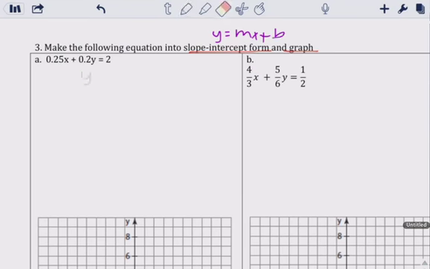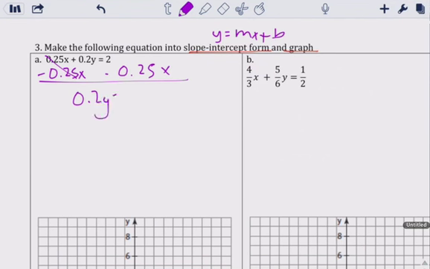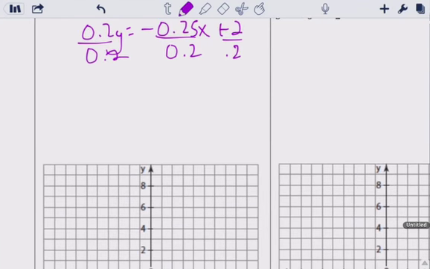So if you decide to go minus 0.25x, minus 0.25x, and get 0.2y equals negative 0.25x plus the 2, and then divide by 0.2, you can divide, get an answer, and then you'll divide by 1.